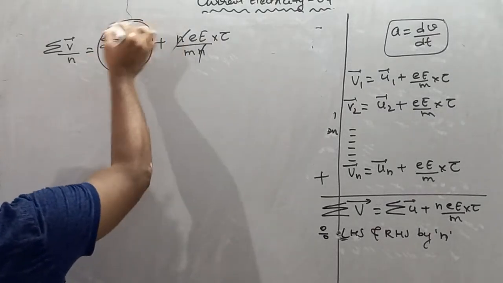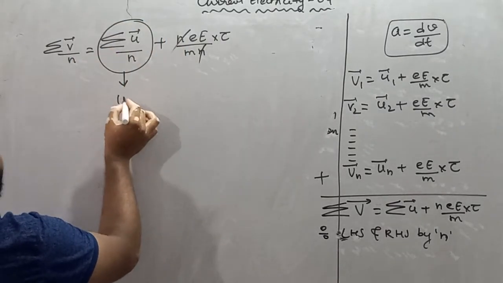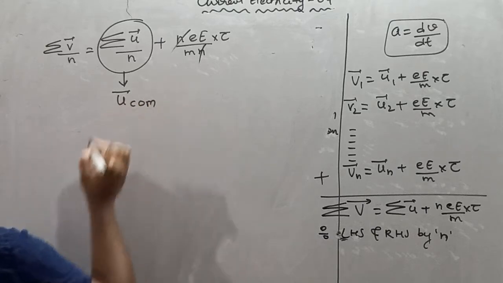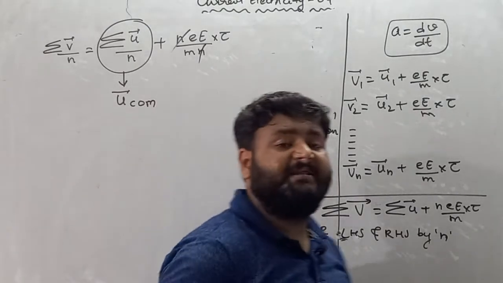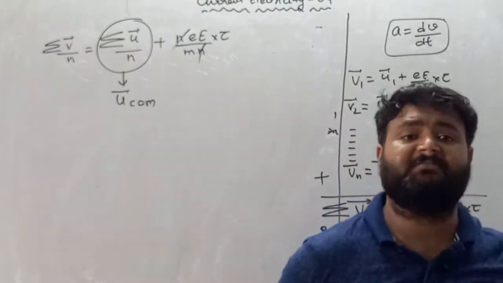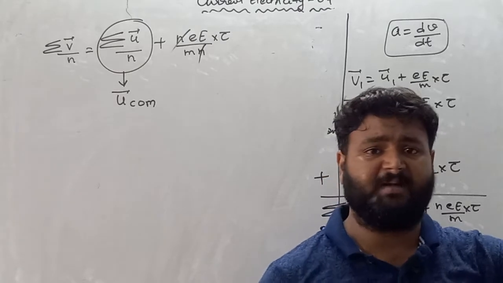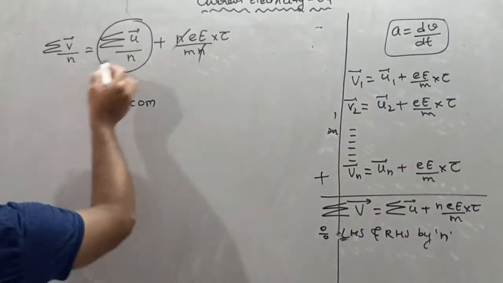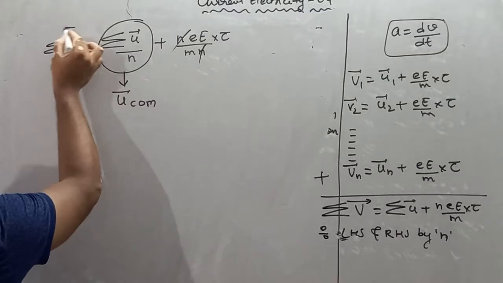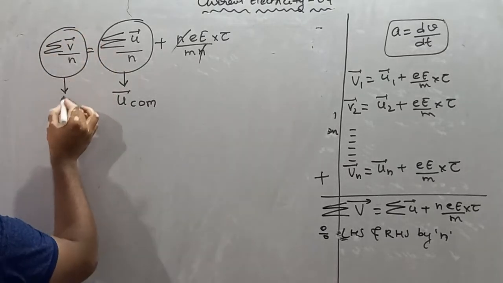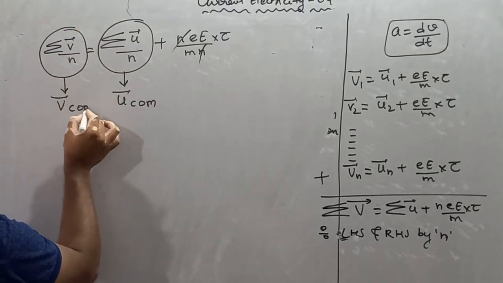Summation u by n, if you are aware, is nothing but u center of mass, or we can say the average initial velocity of the center of mass. If this becomes u center of mass, then this is also v center of mass.